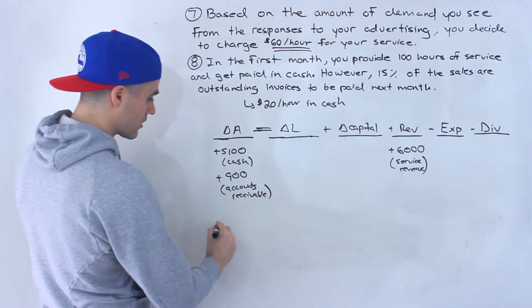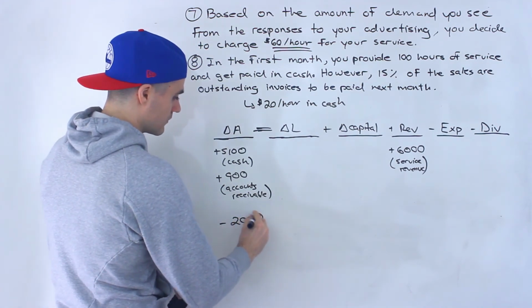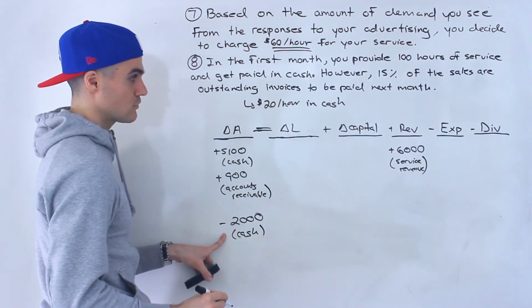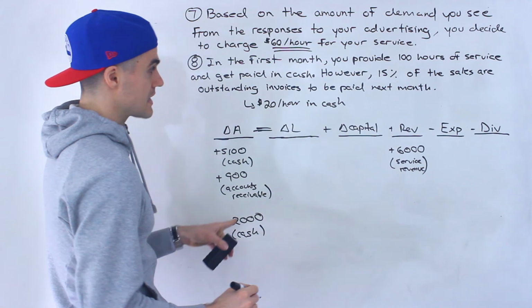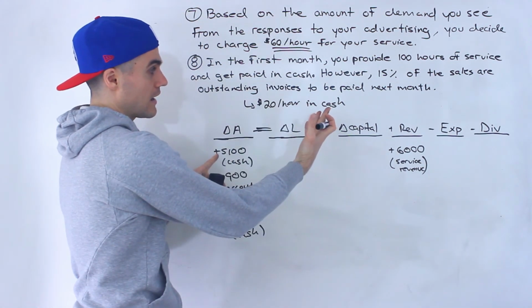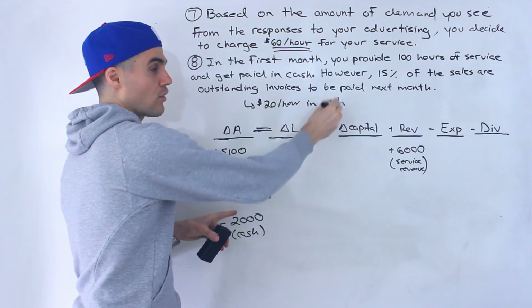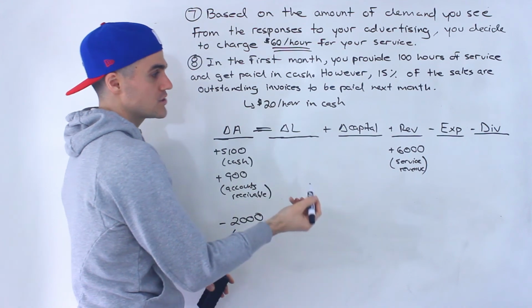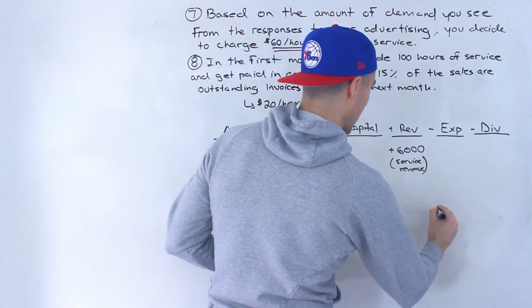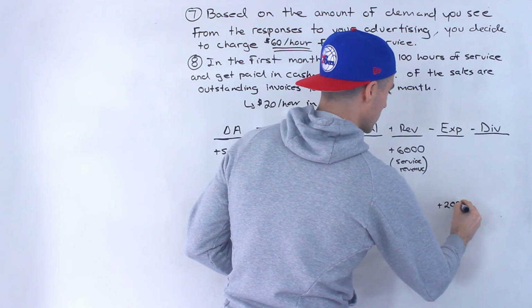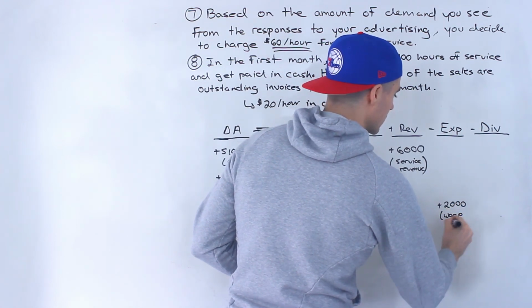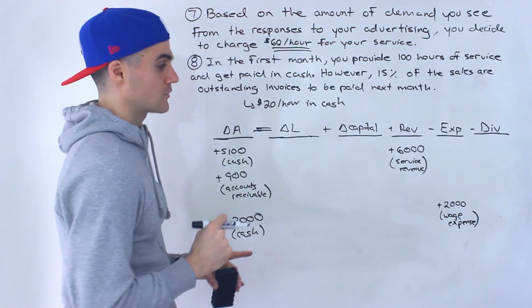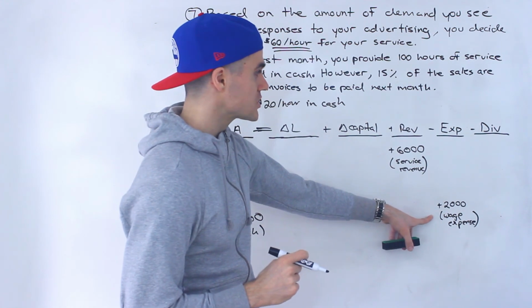And so for that part, your cash account would go down by $2,000. And notice that the service has been provided, and so you incur this expense. And this here, it's a wage that you're paying someone, so we could call it a wage expense. And so over here, we would have a $2,000 wage expense. Or you might see something like salary expense. I'm going to call it a wage expense.